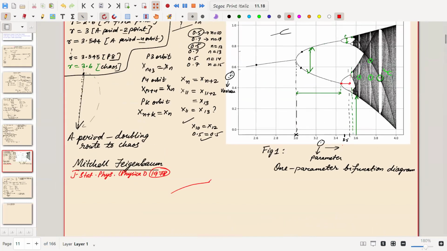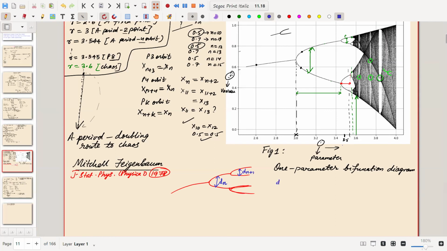Let me tell you his hypothesis. He found that you measure this distance, let it be referred to as dn. After doubling to a period 4 orbit, there is a separation a bit less than dn, so let us call it dn plus 1.